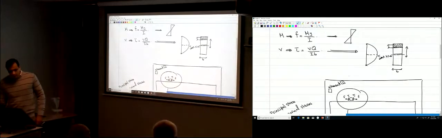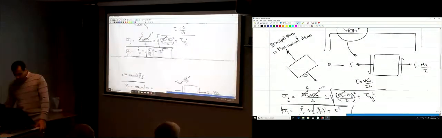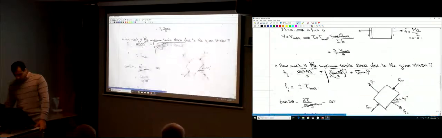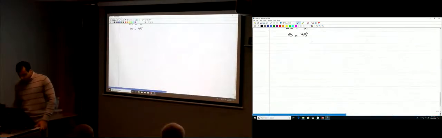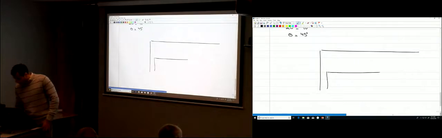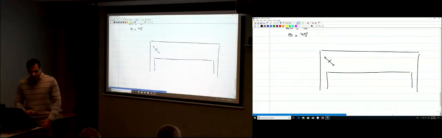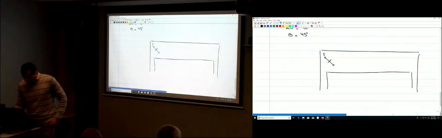So if you have a tensile force now, let's copy the beam. Over here, there is a tensile force in this direction, F1.